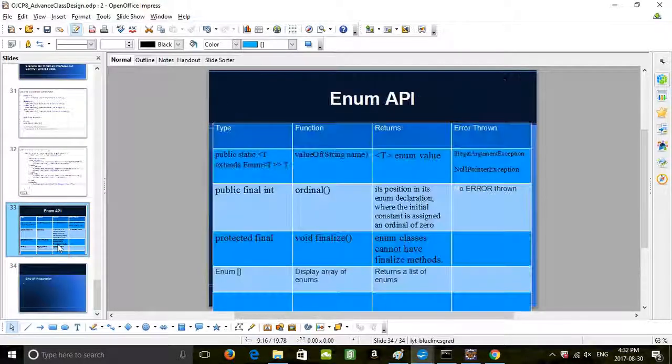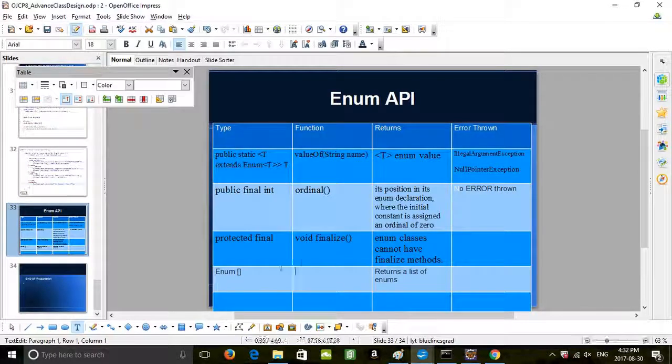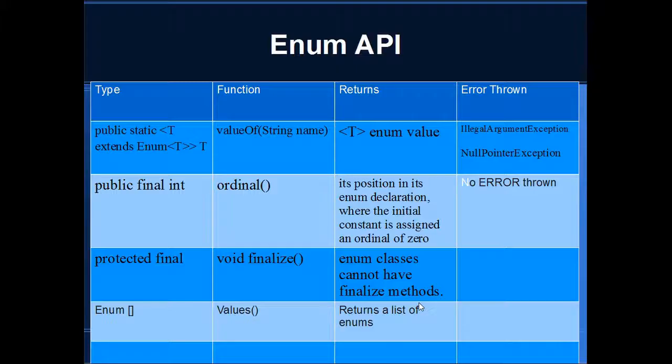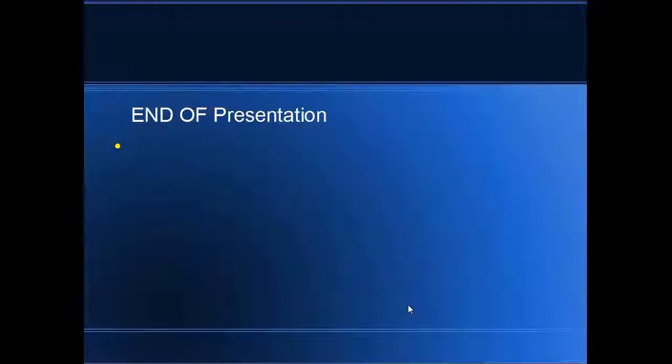Sorry about this, guys. It is values, and it returns an array of enums. Sorry about some of the going back and forth, guys.